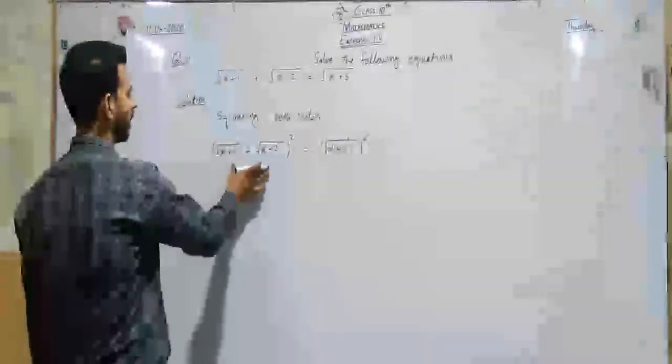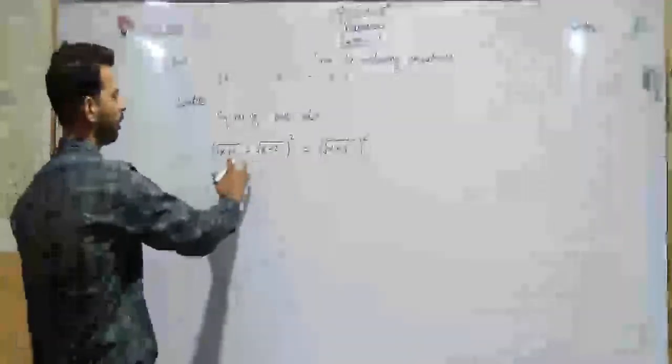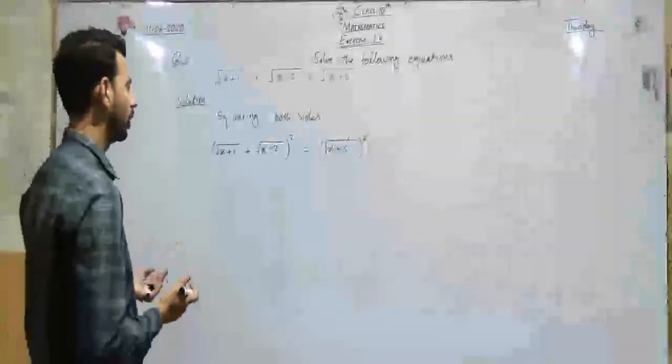So now on this side, square and square root will be cancelled, but on this side, because there are two values, we will have to open the formula.